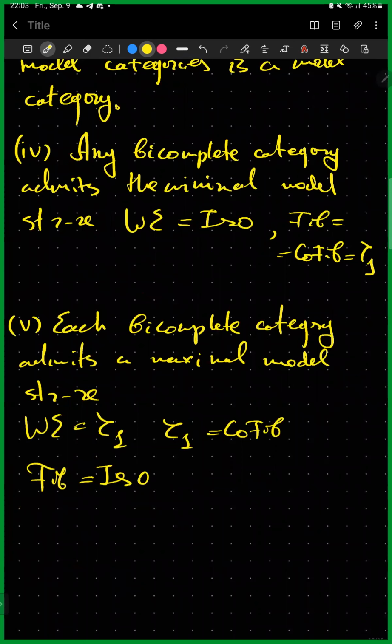We can do the same thing, but instead we can assume that cofibrations are in fact isomorphisms, and fibrations are all maps. However, there could be also other maximal model structures.